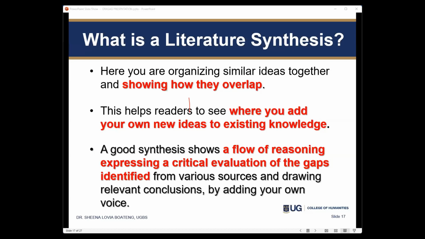So when you're reviewing the literature and looking at where they overlap and where they contrast, you are looking specifically in terms of the issues that have been discussed, the theories that have been used, the methodologies that have been applied, and the contexts in which these studies have been done. So when you are doing this and adding your own ideas and adding your own thoughts in terms of why you think these overlapping and contrasting ideas are taking place, then your work is taking shape and you are beginning to own it.